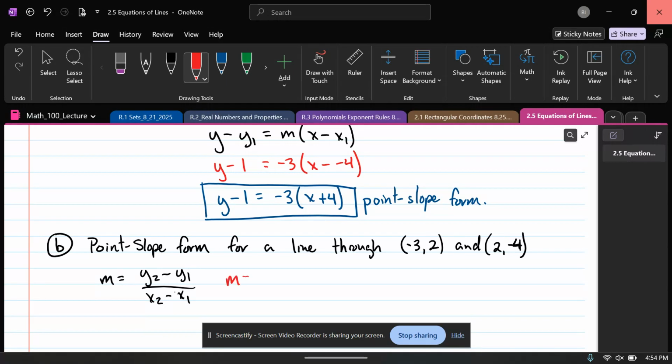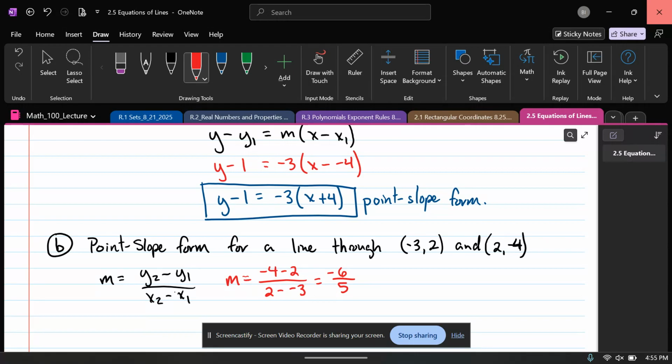I'm going to take my y values and subtract them on the top. I'm going to do -4 minus 2. And then since I started with -4, I'm going to have to start with 2 on the bottom, minus -3. So on the top, I get -4 minus 2 is -6. On the bottom, I've got +5. Is that what you guys got? Then a double negative there makes it a plus. So my slope is -6/5.